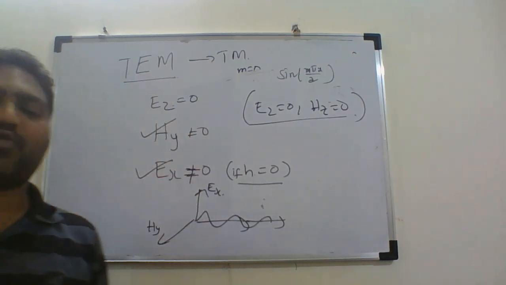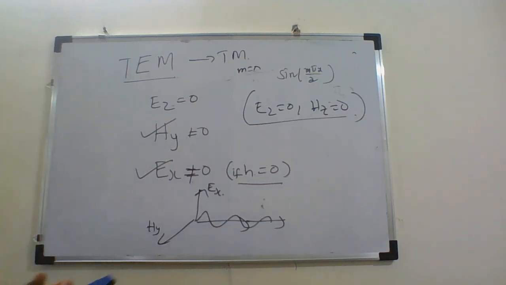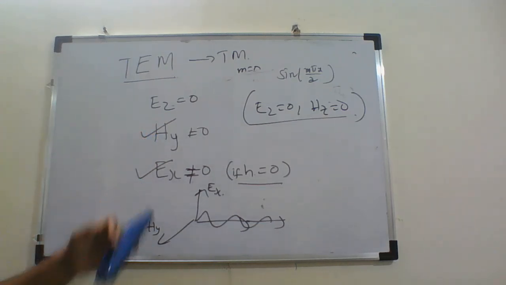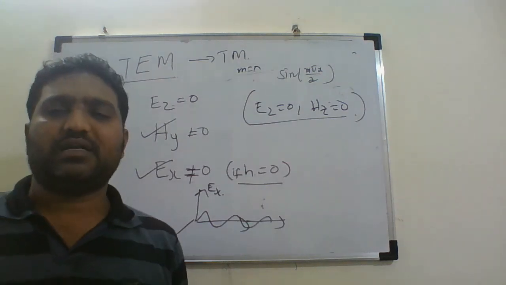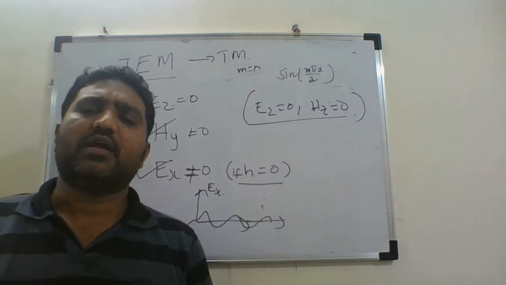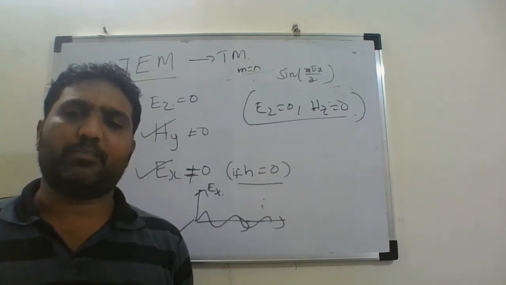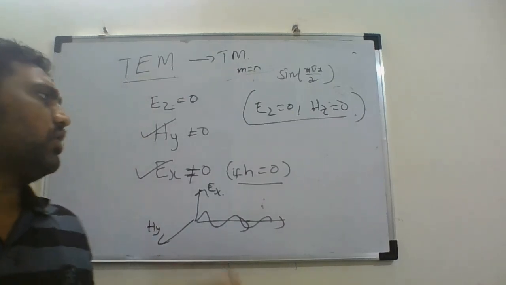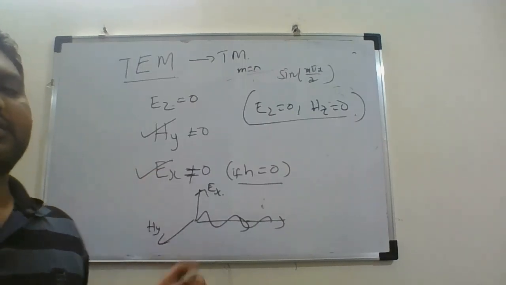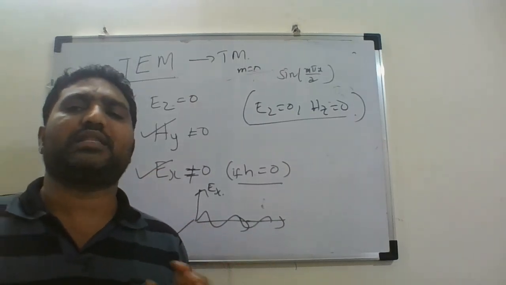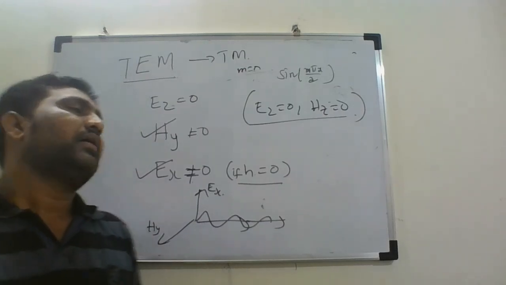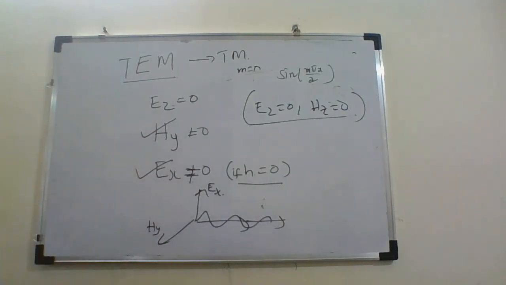These are the field expressions. We don't need to calculate the values of Hy and Ex, because TEM wave is very difficult to achieve and is not practically possible. We just have to show that only Hy and Ex exist.